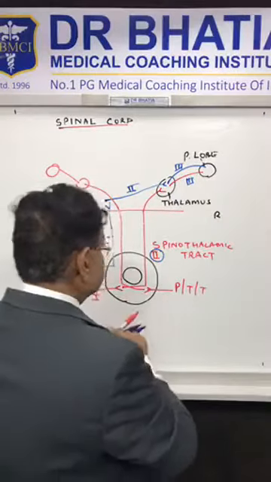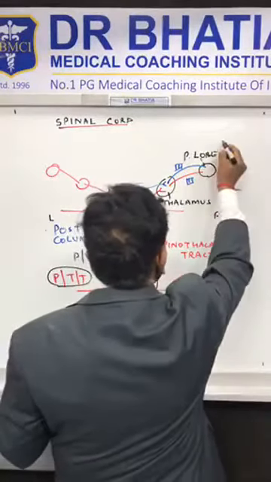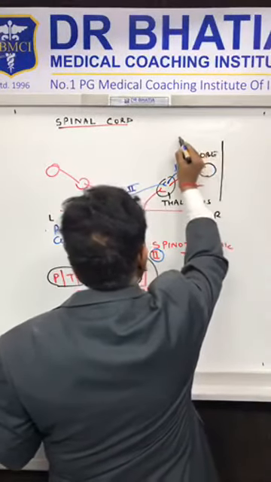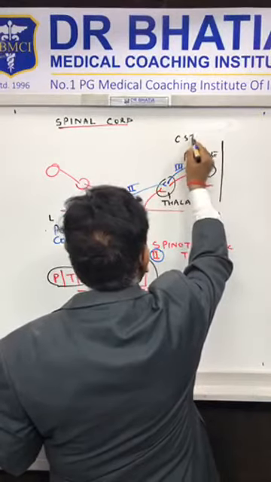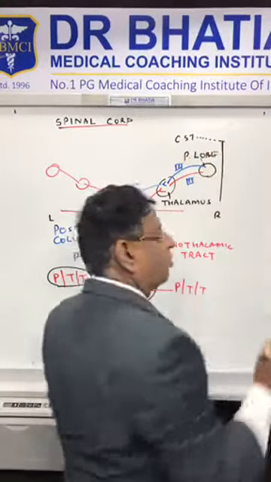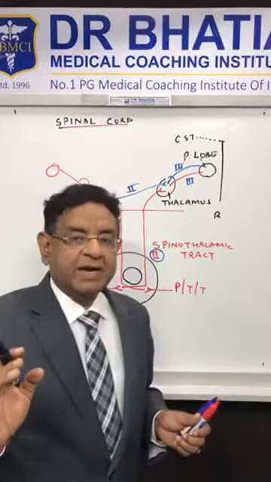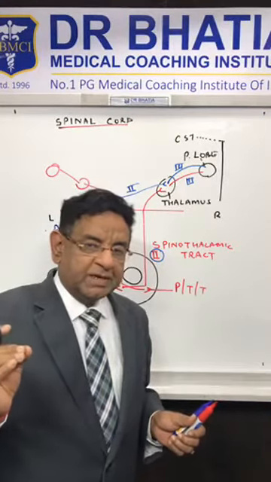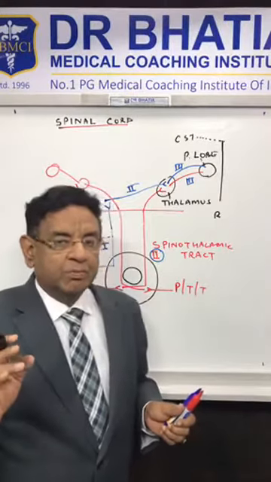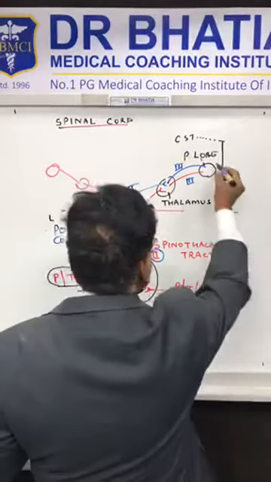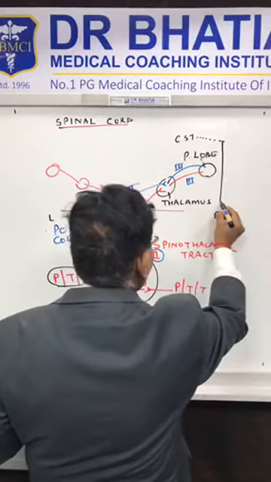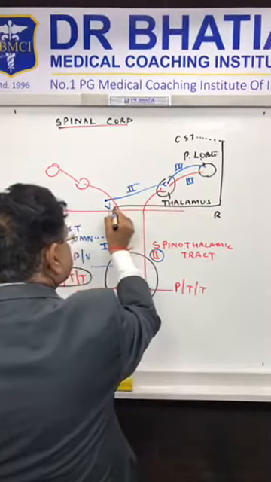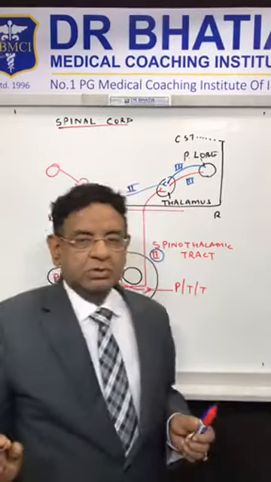Now here comes the corticospinal tract. Corticospinal tract, also known as pyramidal tract, and all of you know that corticospinal tracts are concerned with motor function. They come down to the lower end of the medulla, where they cross to the other side.